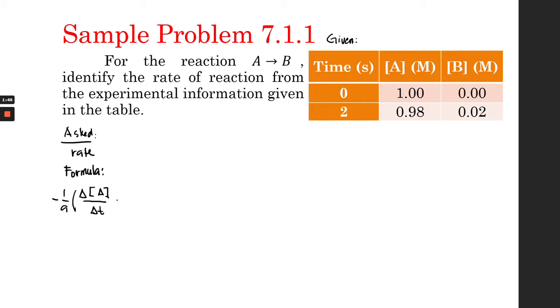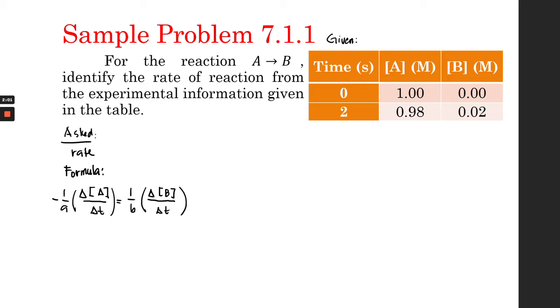And B is our product, so that should be positive: 1 over B multiplied by the change in the molar concentration of B, divided by the change in time.